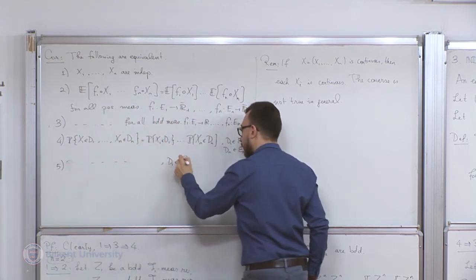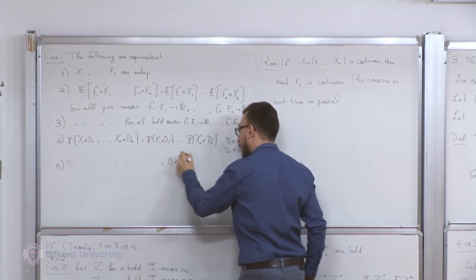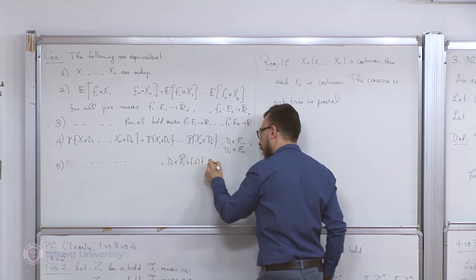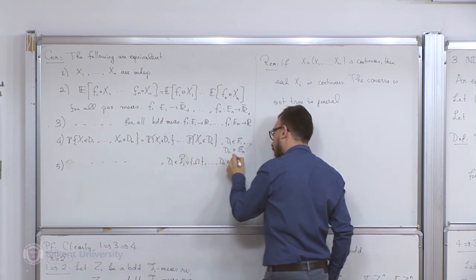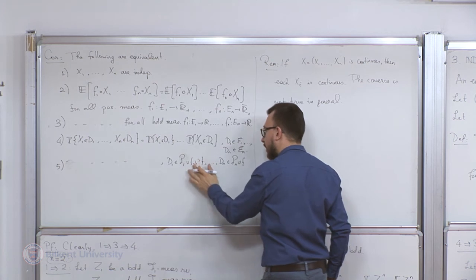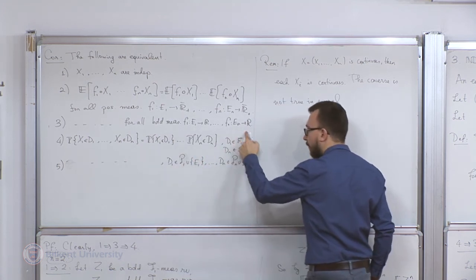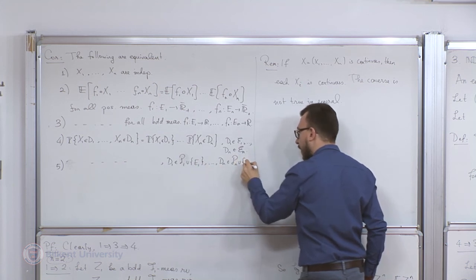D1 in P1. Now I'm going to make them pi systems. Not the full set. This is the full set. D1 is coming from E1, right? En.